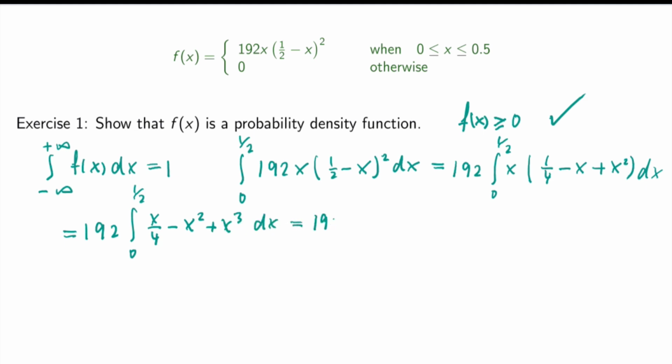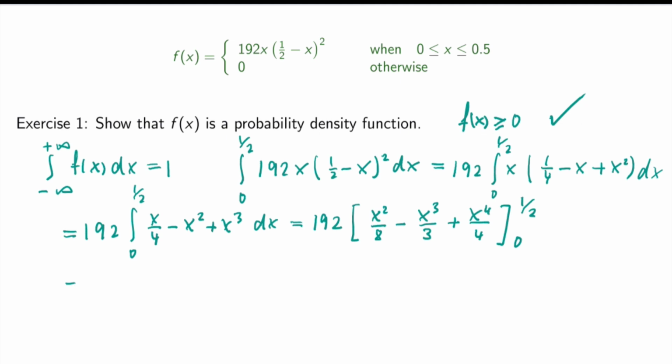Integrating polynomials is fun, so 192, and then this integrates to x squared over 8 minus x cubed over 3 plus x to the 4 over 4, and then all this evaluated from 0 to 1/2.